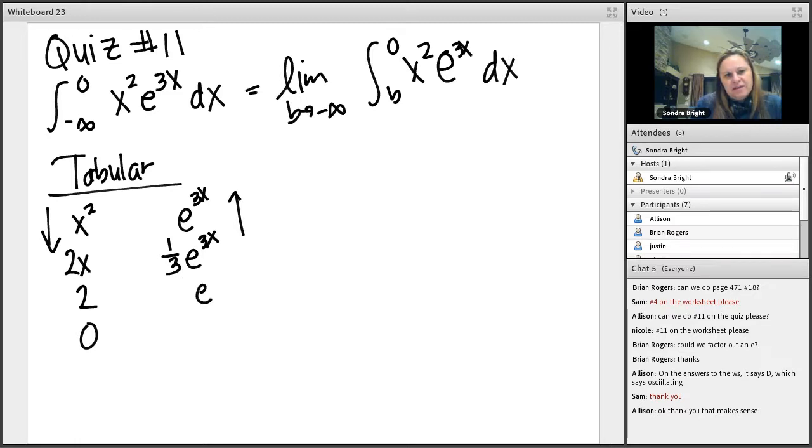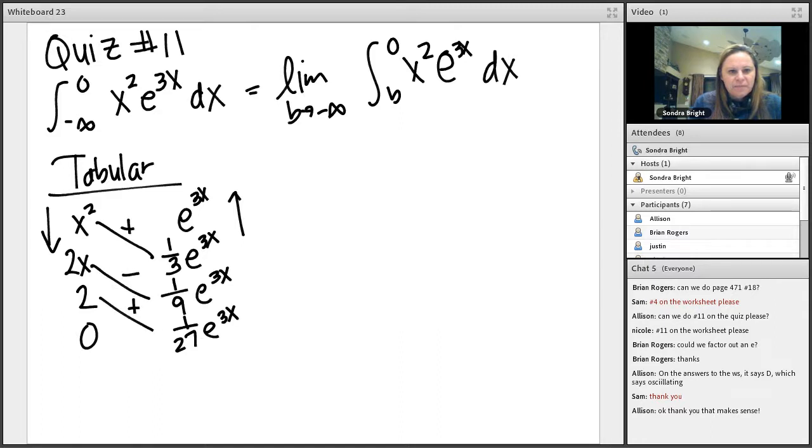And then same thing again, you have to undo the multiplying by 3 because of the chain rule. So that would be 1/3 times 1/3, so a 1/9. And then e to the 3x again, but you'd have to undo the times 3, so it's a 1/27. And that's a plus, a minus, and a plus.